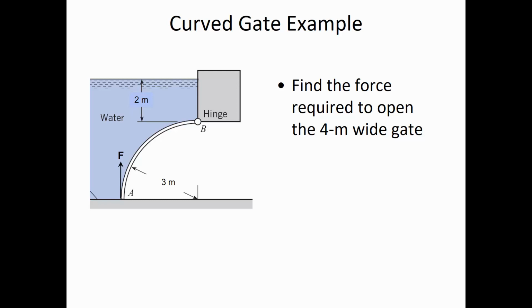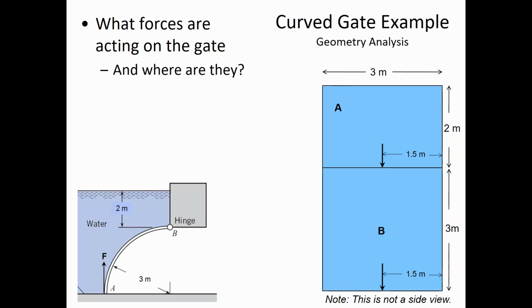There is a horizontal force pushing to close the gate this way, and there's a vertical force from the weight of the water above it that is trying to keep the gate closed. What we need to do is find out the magnitude and the location of both of those so that we can do this moment analysis part of the problem and calculate the overall force.